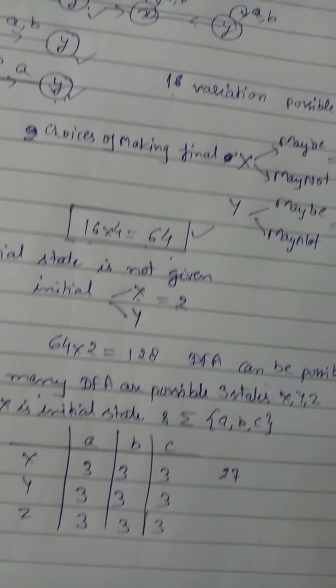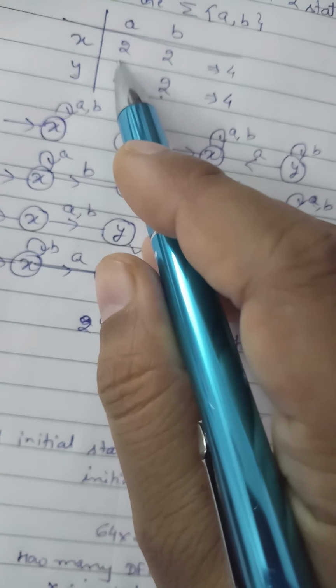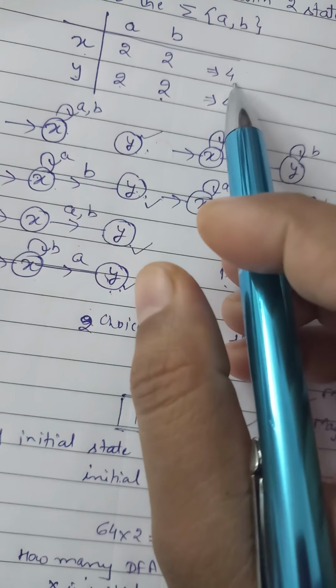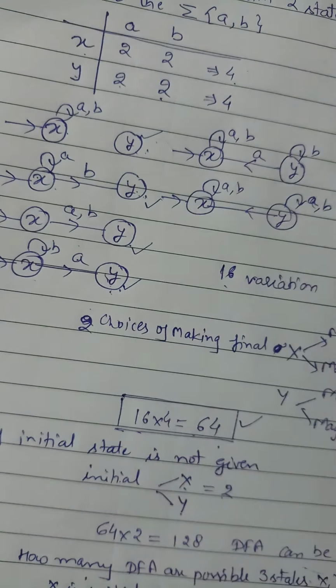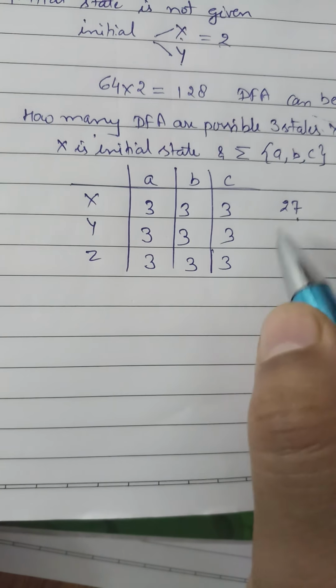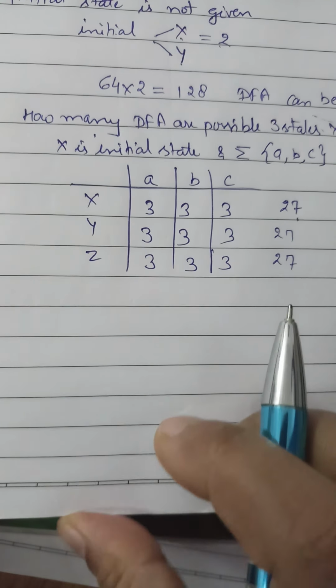As we have seen here, total 4 according to this: because we have two alphabets, for each state we have two choices. That's why we have a total of 4 choices, 2 into 2. In a similar way, we have 3 choices, so total 27.